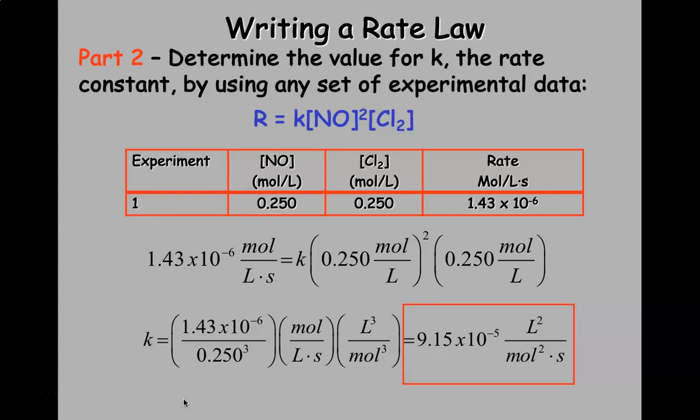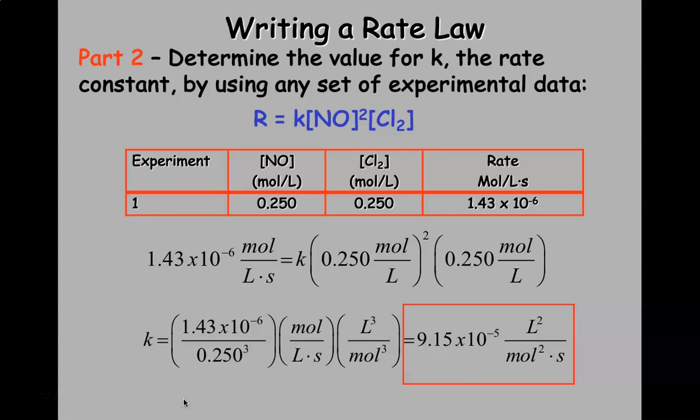You could also represent liters squared per mole squared as 1 over capital M. Remember, capital M is molarity from solutions. So you can simplify your answer as 1 over capital M squared, or capital M raised to the minus 2. Many ways to represent it.